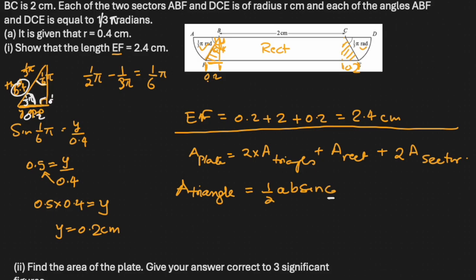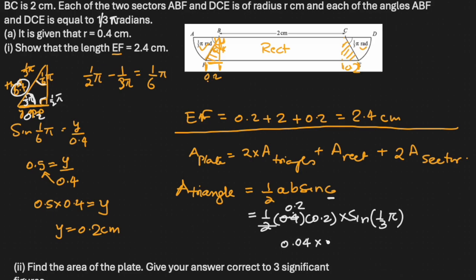So the area of the triangle is half times 0.4 times 0.2 times sine of 1 over 3 pi. This comes out to be 0.2 times 0.2 is 0.04 times sine 1 over 3 pi, which is square root 3 over 2. I'll evaluate this later and add it with the others.